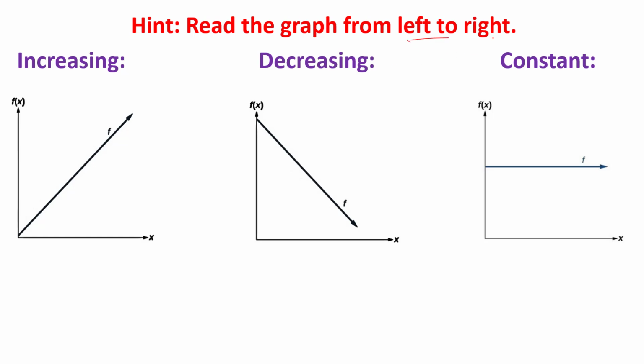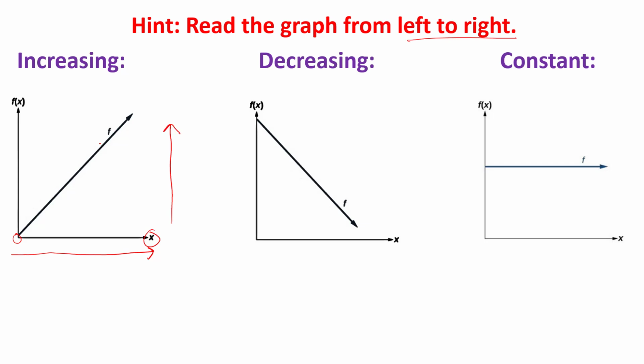So, when trying to determine if something's increasing or decreasing, we look at a graph and we read it from left to right. So, moving from left to right, what is the line on that graph doing? Well, as I move from left to right, which is a change in my x values that are getting larger, remember 0 is here, so the x values are getting larger, my y values are going up.